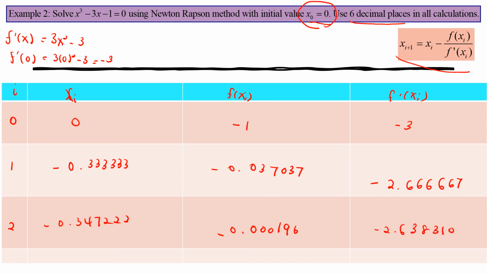Next, for iteration number 3, you will get x3 equals negative 0.347296, and for f(x3) you get 0.000000. So now you can stop the iteration because you have reached the solution. So x is approximately equal to negative 0.347296.